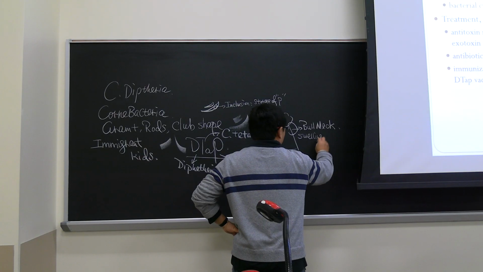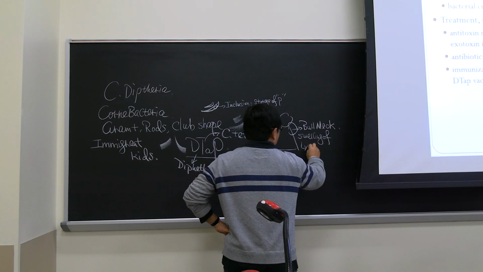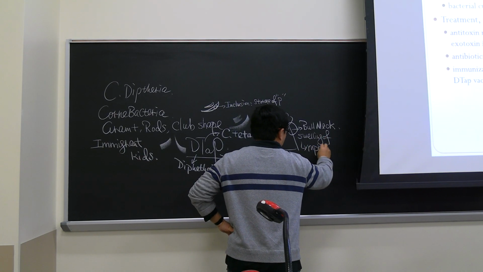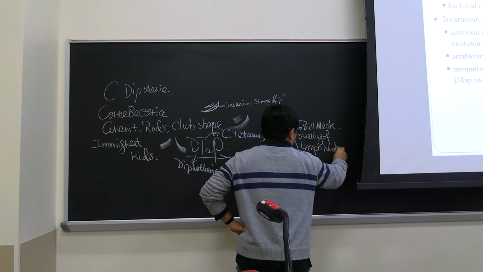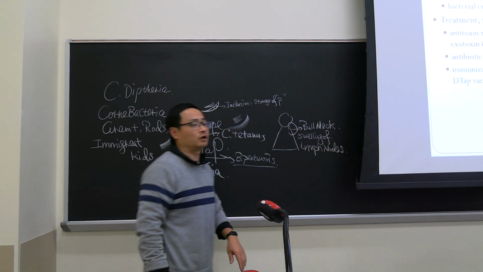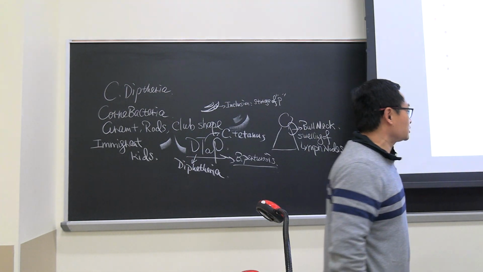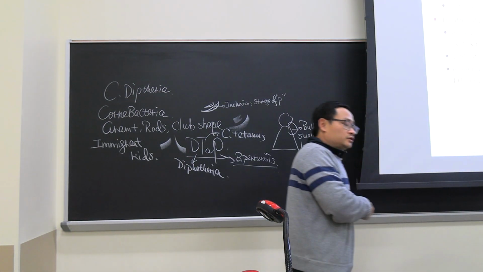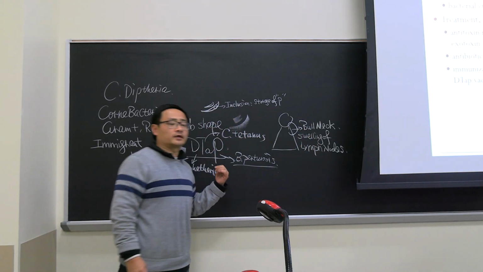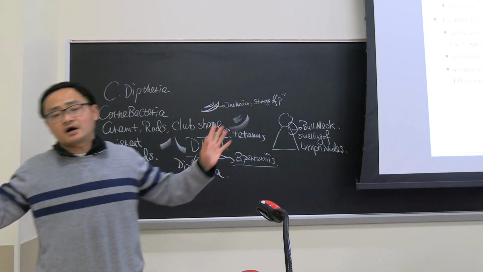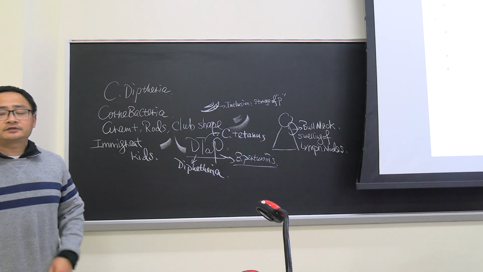Swelling of lymph nodes. Some inflammation happened, obviously, and then what is more obvious is when the kids go to see a doctor and the doctor says, open your mouth, and the kid is crying.